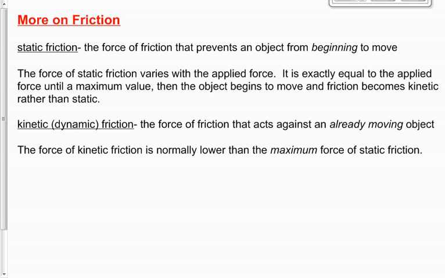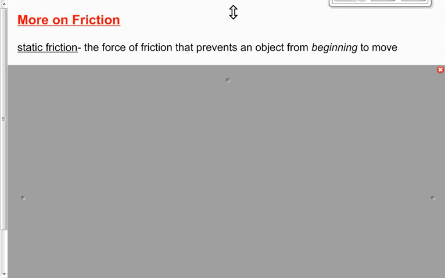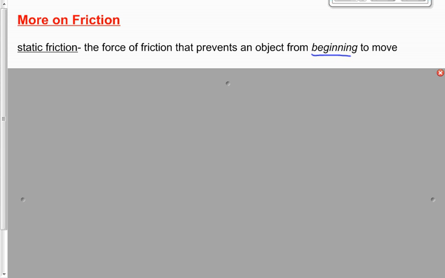Today, we're going to talk in more detail about friction. Static friction, as we said yesterday, is the force of friction that prevents an object from beginning to move. What's kind of weird about static friction is that it's not just a constant value. It changes. The force of static friction varies with how hard you push.